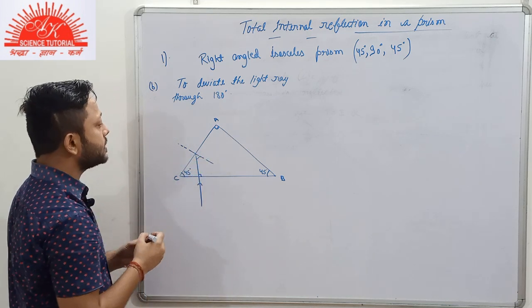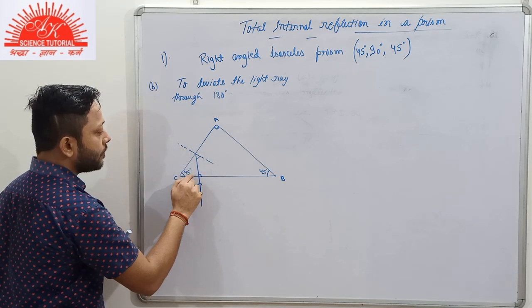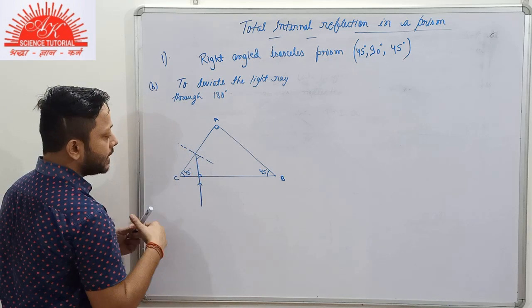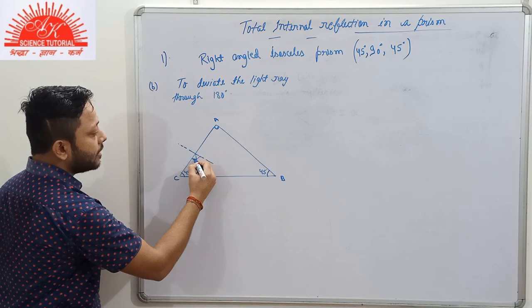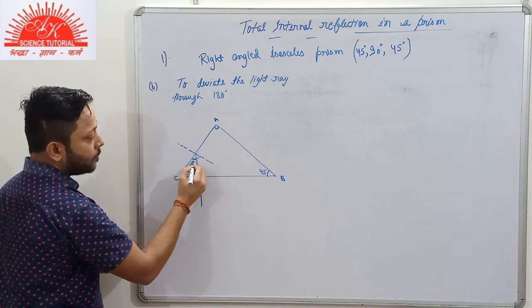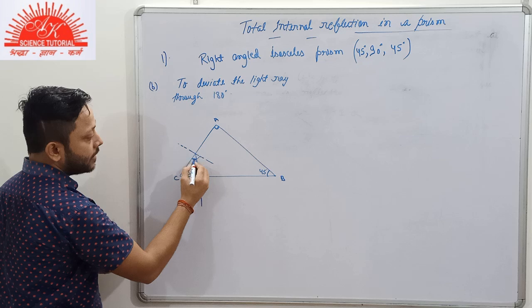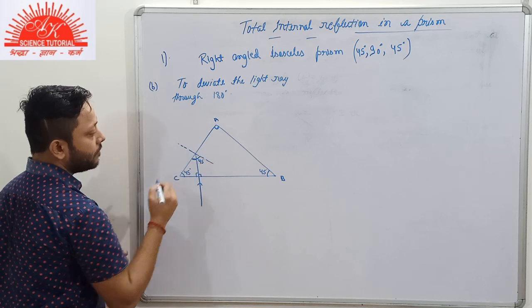Obviously this is our normal, so we can find the angle of incidence. This is 45, this is also 90 degrees, this angle will also be 90 degrees. That is why the third angle will be 45, and it is normal, so this whole angle should be 90 degrees. So if it is 45, this part will be 45 degrees.